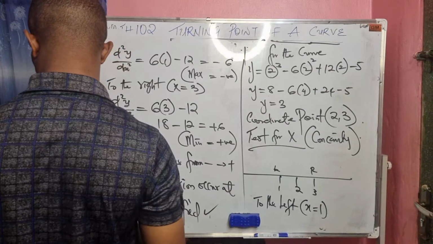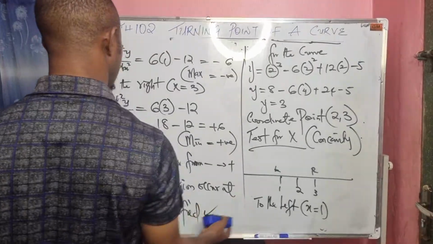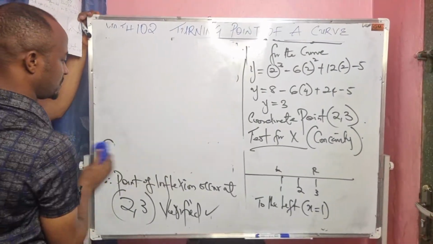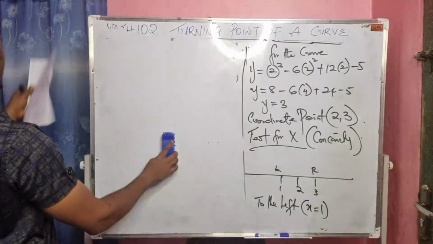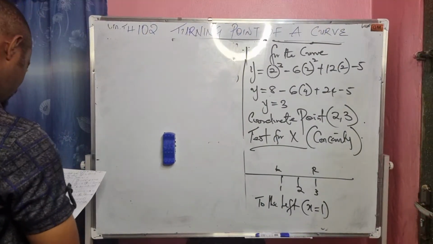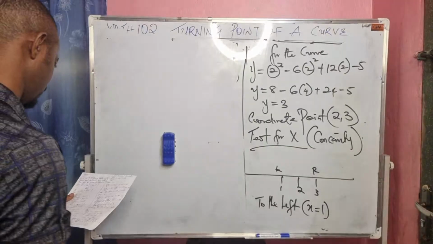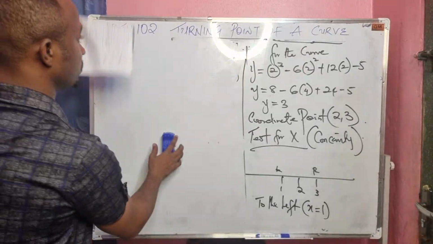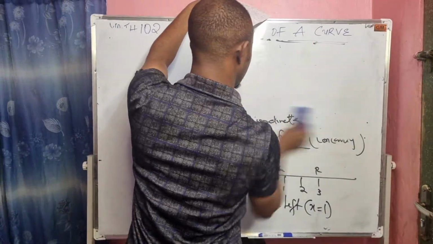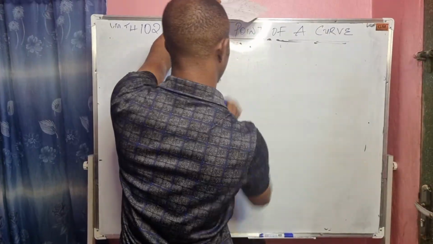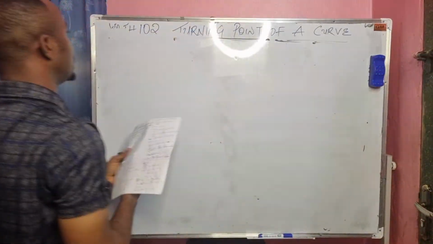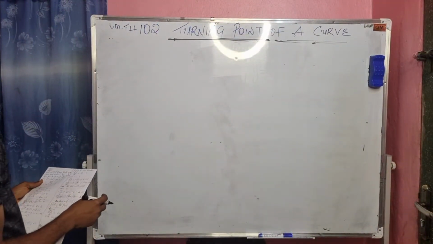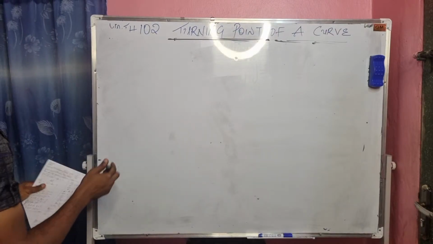Okay, next question says, find all the stationary points of the curve and determine their nature.